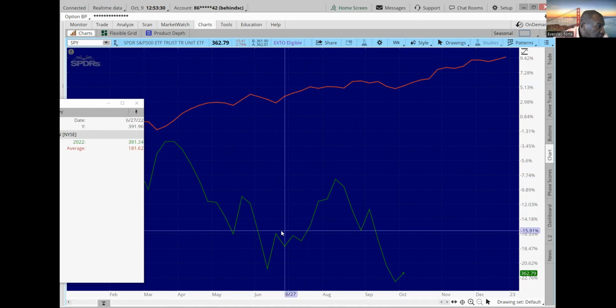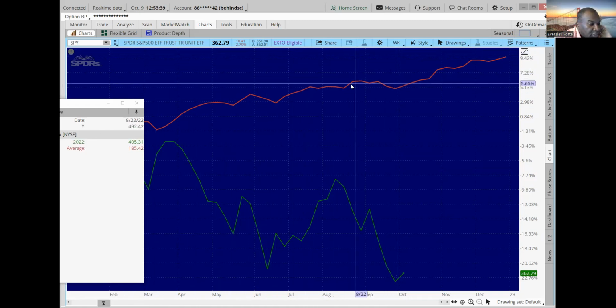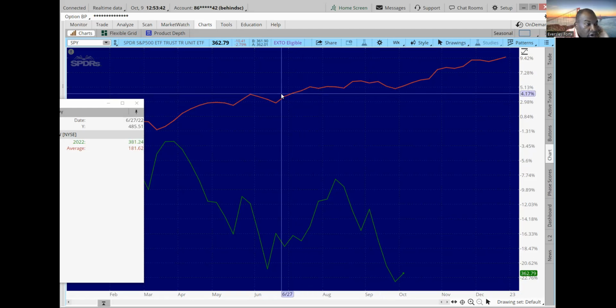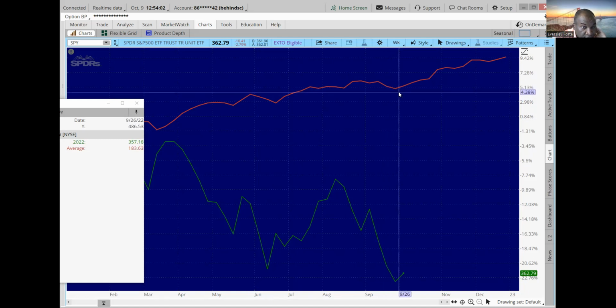And what you see here is a weekly chart, a weekly seasonal chart of the S&P in red. The red line represents 20 years of the S&P 500. Week to week, seasonal direction movement, okay?